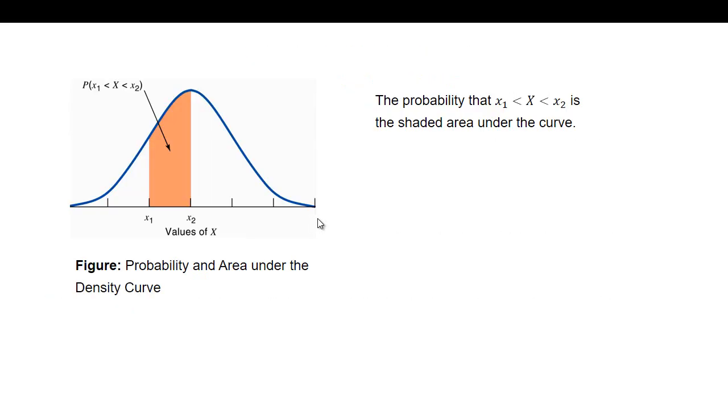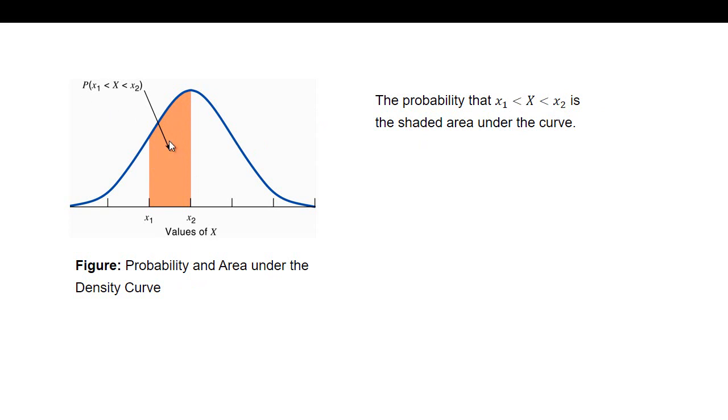So let's say that the blue curve here is the density curve for a continuous random variable. In this case, the probability that the variable is between small x1 and x2 is the shaded area under the curve here.